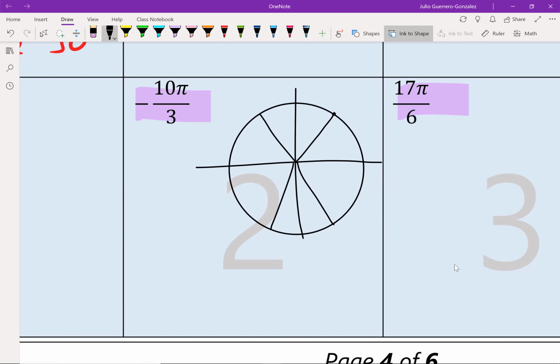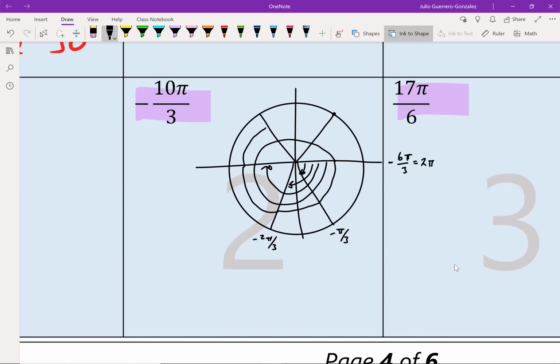We need negative 10 pi over 3. So if I go in the negative direction, that's a negative pi over 3, negative 2 pi over 3, negative 3 pi over 3, all the way around until I get to negative 6 pi over 3, which is my 2 pi. So 6 pi over 3, 7, 8, 9, 10.